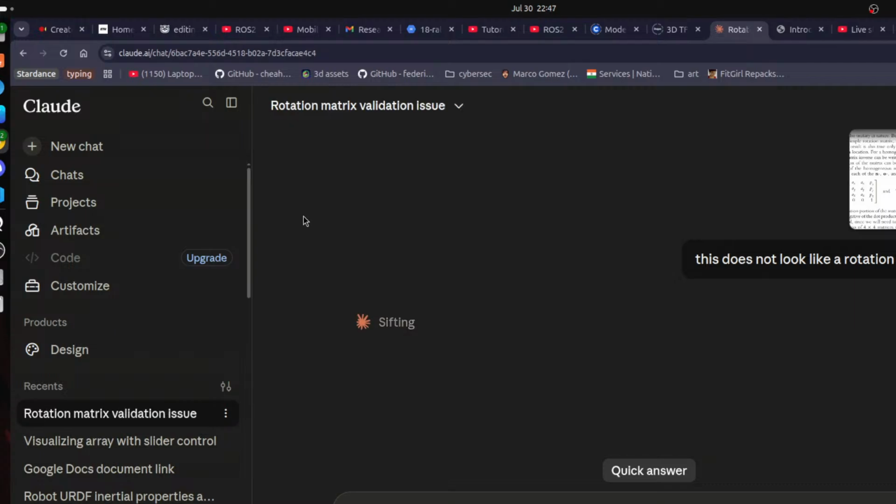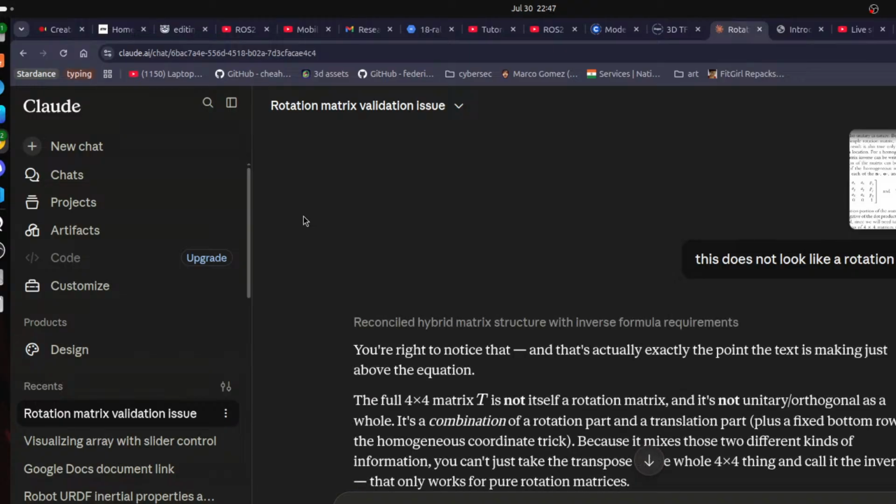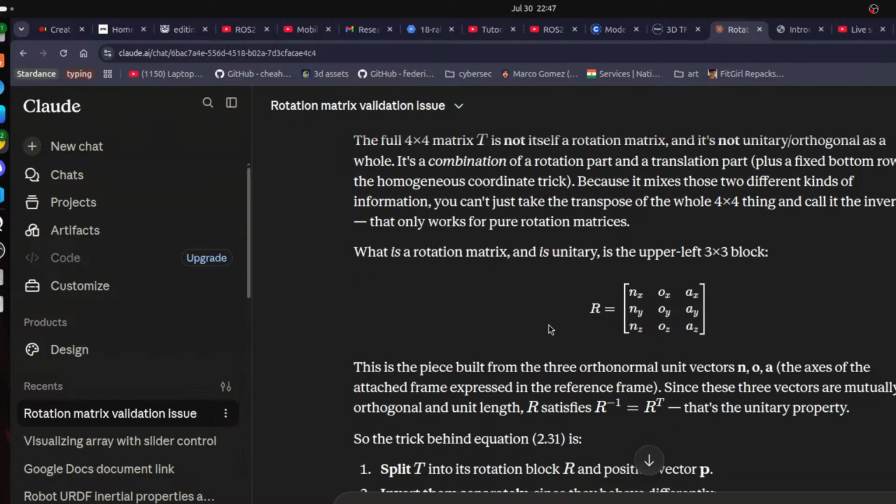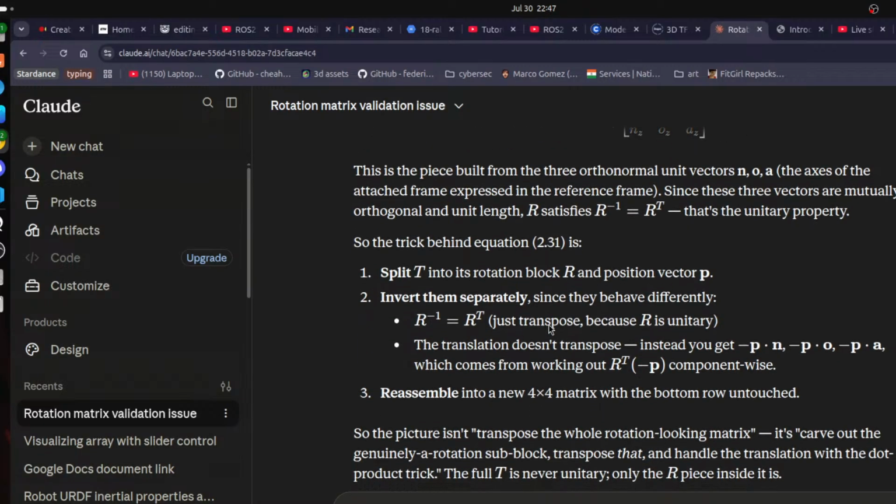I mean, I know it has a position portion as well, but I'm talking about the part which is being referred to as the rotation position. It's a combination of the rotation part and the translation part.